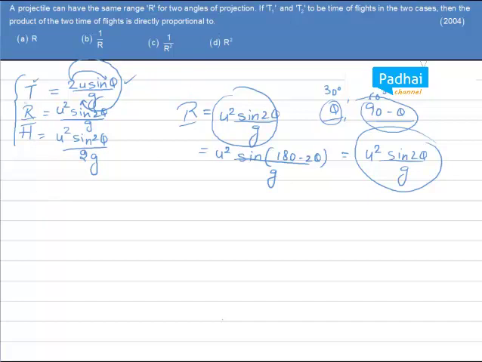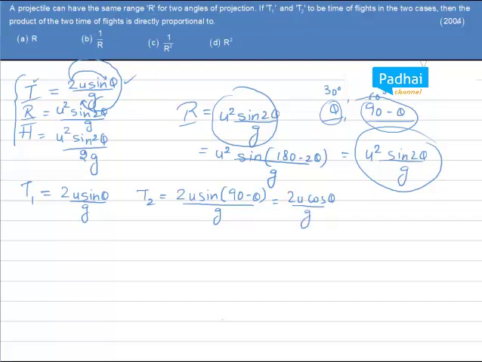Now time is given by 2u sine theta over g. So T1 will be equal to 2u sine theta over g, and T2 will be equal to 2u sine of 90 minus theta over g. So this will become 2u cos theta over g.